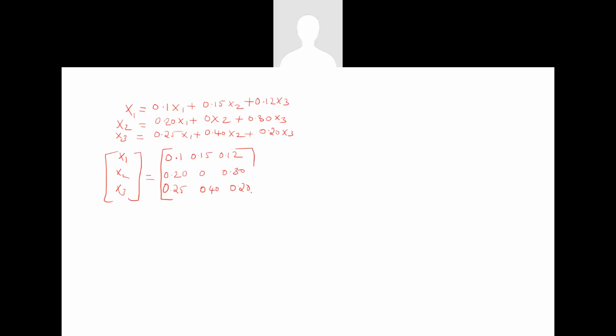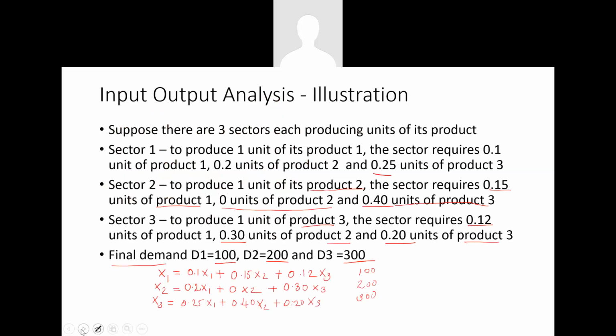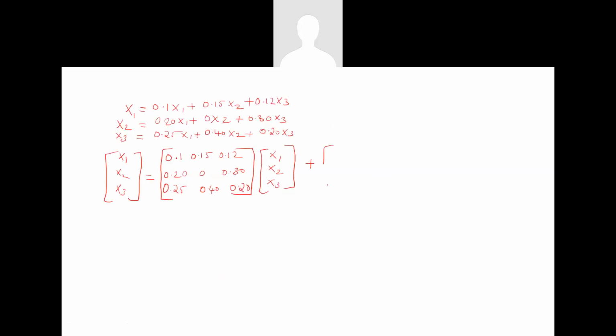You multiply it with the column vector x1, x2, x3. Of course, this is the internal demand, and also you have an external demand which we have mentioned earlier. Let me check, yes, it is 100, 200, and 300. So this is how we have translated that problem into a matrix format.